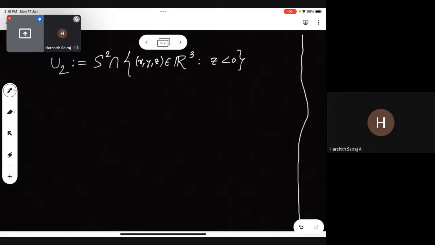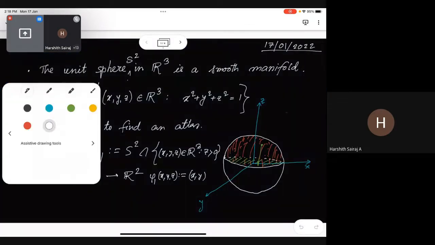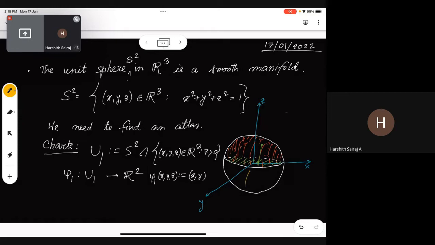All right. So what is this? This is the down part.